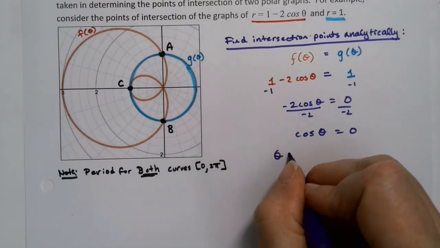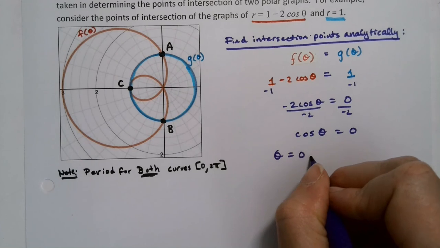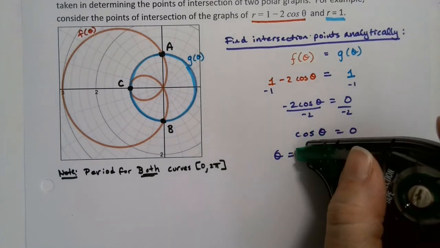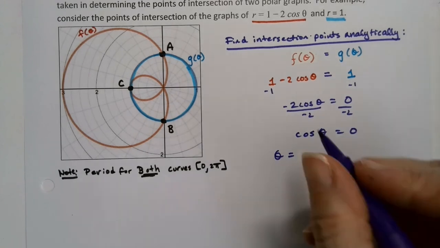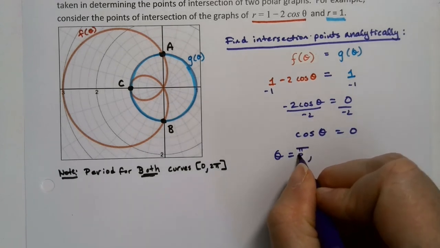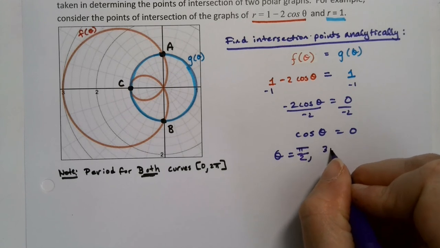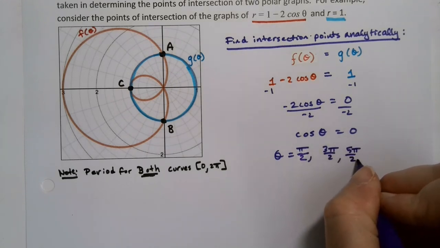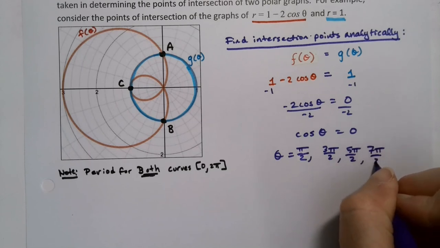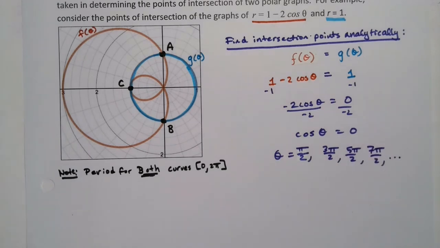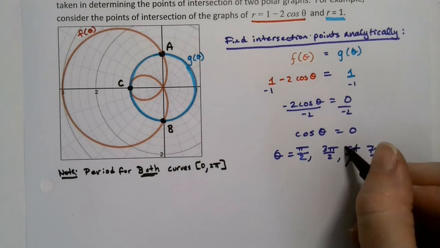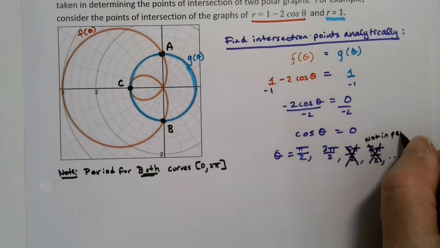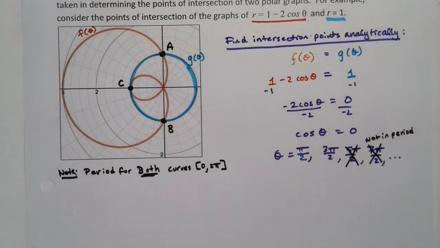Cosine of theta is equal to 0, sorry, at pi over 2, 3 pi over 2, 5 pi over 2, 7 pi over 2, etc. Now, I'm going to knock these out because they're not within the period. So I'm not going to worry about those.